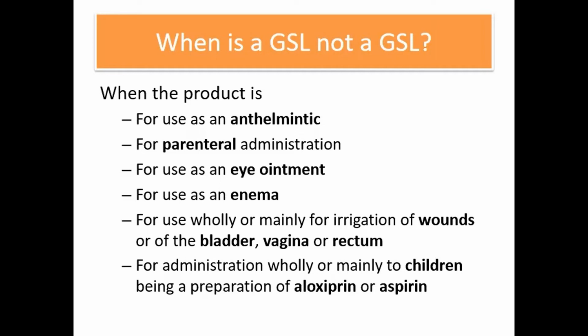Any products classified as eye ointments can never be a GSL, or those used as an enema. Something used for the irrigation of wounds of the bladder, the vagina, or the rectum cannot be classified as a GSL. And preparations for children containing aloxiprin or aspirin also cannot be classified as GSL.